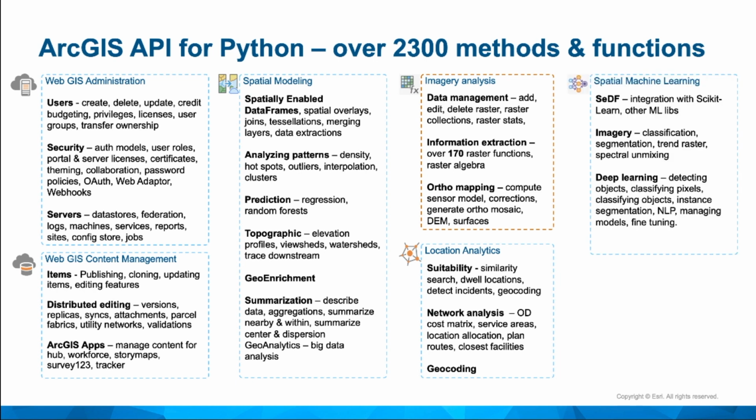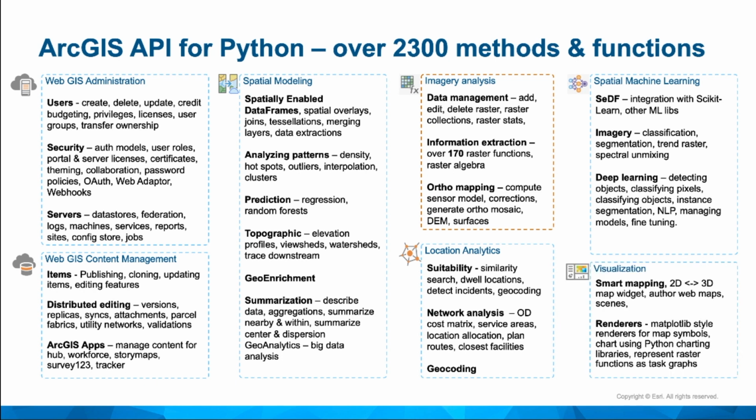A recent addition to the Python API is the ability to perform spatial machine learning. The arcgis.learn module, in particular, allows you to build deep learning models to help you with tasks such as detecting objects in satellite images, classifying pixels, classifying objects, performing instance segmentation, working with text data using natural language processing, etc. Finally, you can also build information products.